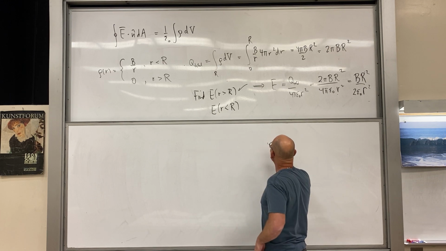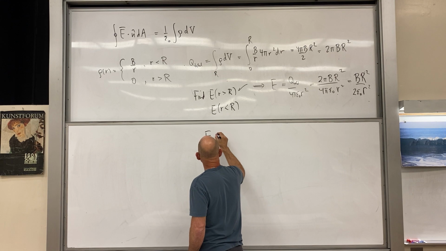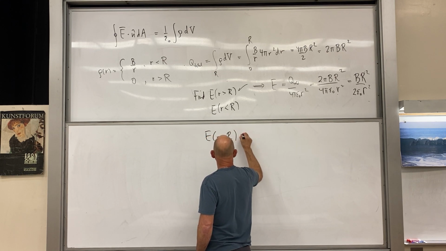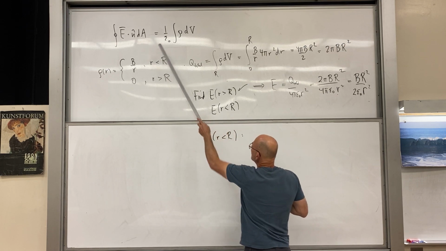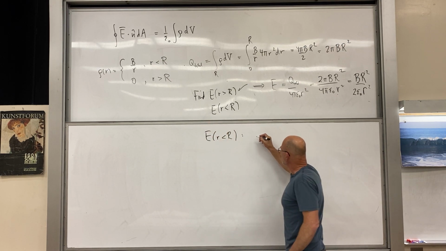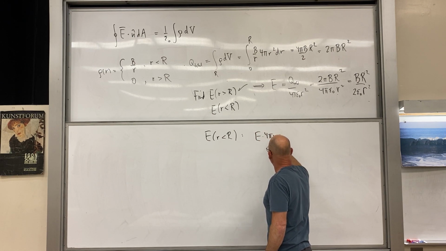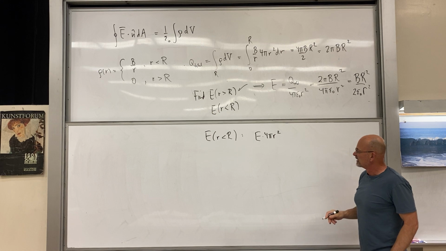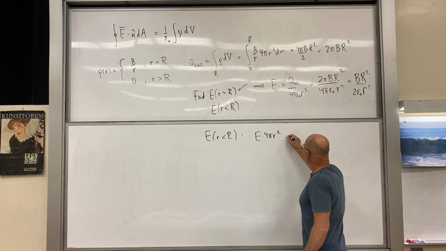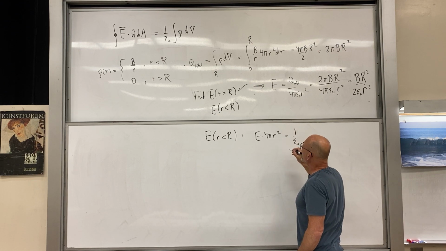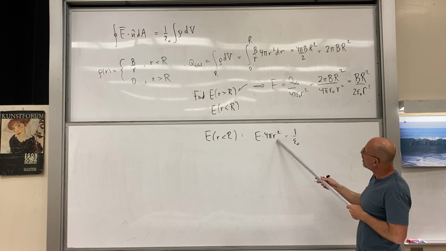In fact, we'll write it down, so this one here, E for r less than R. If we use this formula here, with spherical symmetry, we just have E times 4 pi r squared. Field times surface area, okay? On the right side, we have 1 over epsilon naught, and now this integral taken out to the same r.